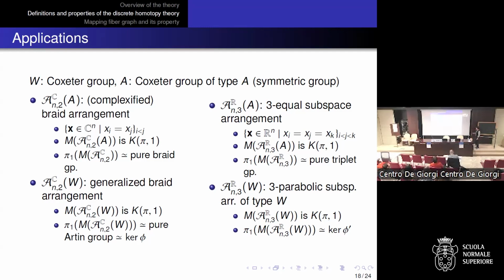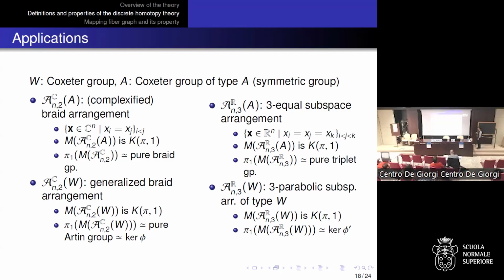As a generalization, we change A to a general Coxeter group, and then a similar result holds. But there's another way to generalize this object: not only x_i equals x_j, but also x_i equals x_j equals x_k. So there is one more equality here.